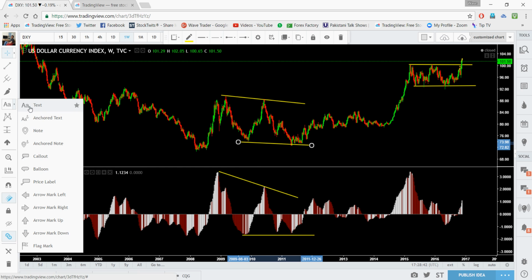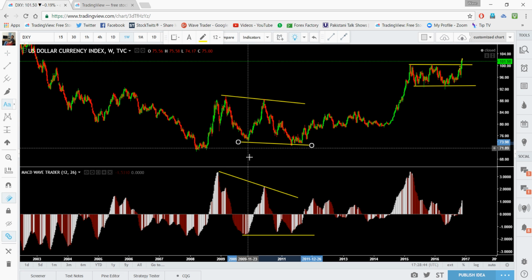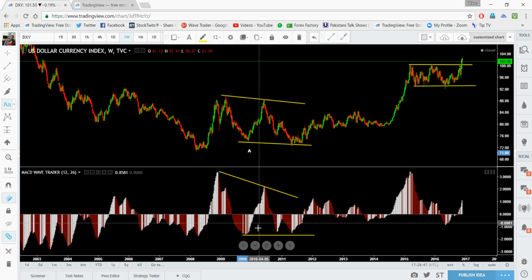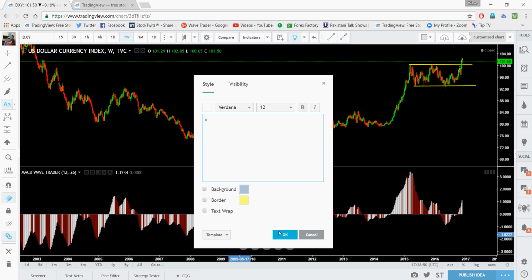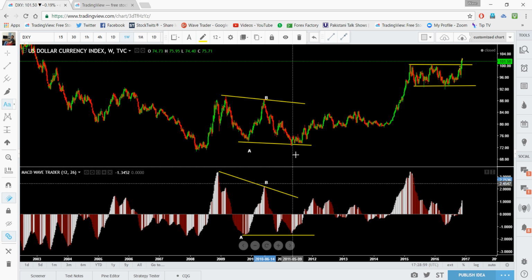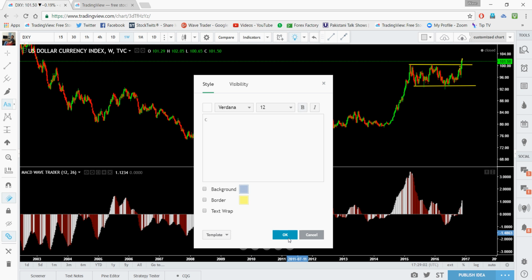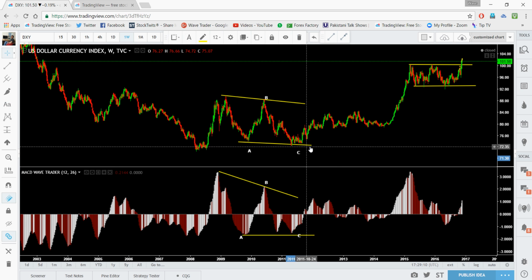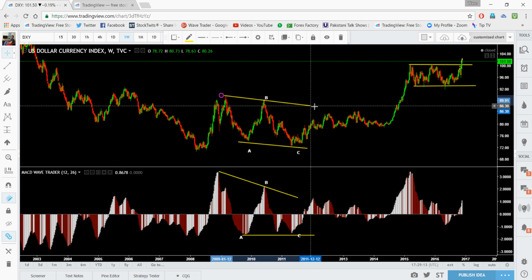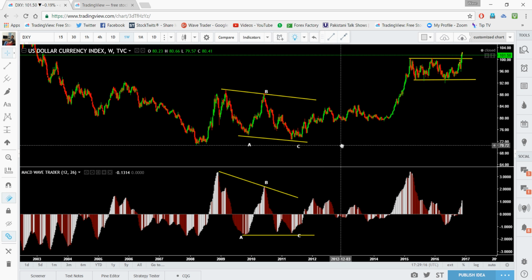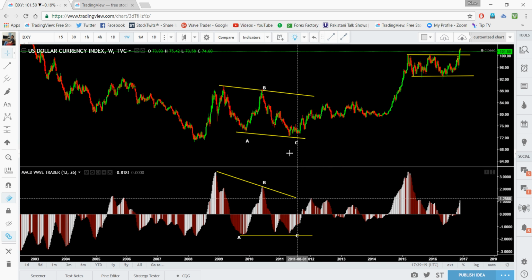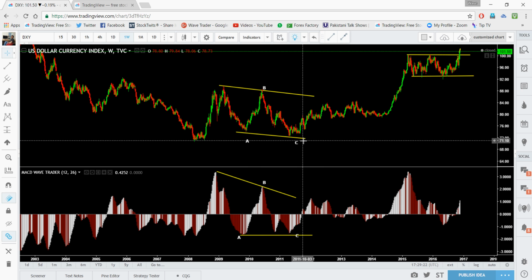This is A, this is B, and this is C. So basically you are just drawing trend lines using your MACD, identifying the pattern on your chart by looking at your MACD.